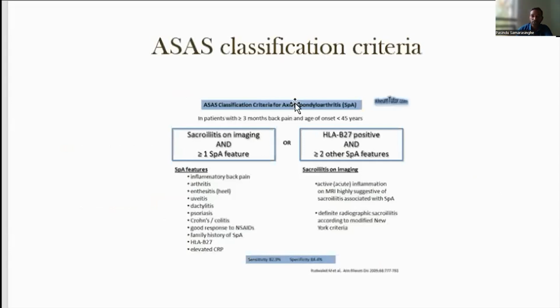So in your day-to-day practice, I know you see lots of patients with back pain. If it's a young patient, less than 45, and it's more than chronic back pain, then please go through these features.